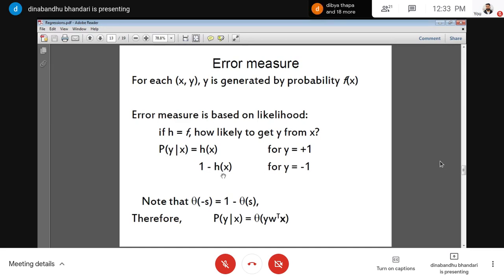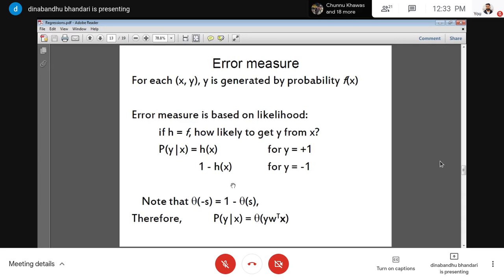And fortunately, for the function we have considered, e to the power s by 1 plus e to the power s, if you just put theta of minus s, it is nothing but 1 minus theta of s. That means 1 minus hx is equal to h of minus x. That is the good thing about this function. Therefore, p of y given x is equal to theta of y w transpose x.